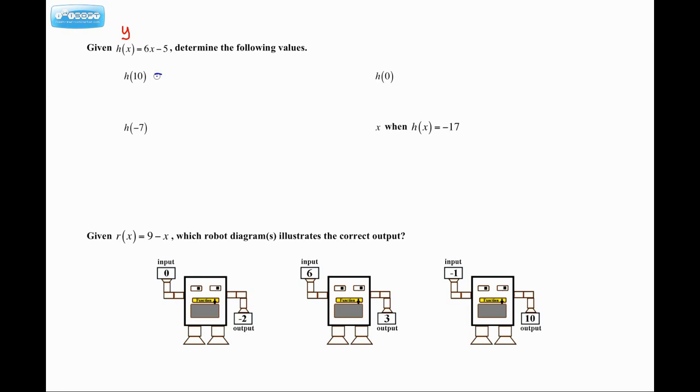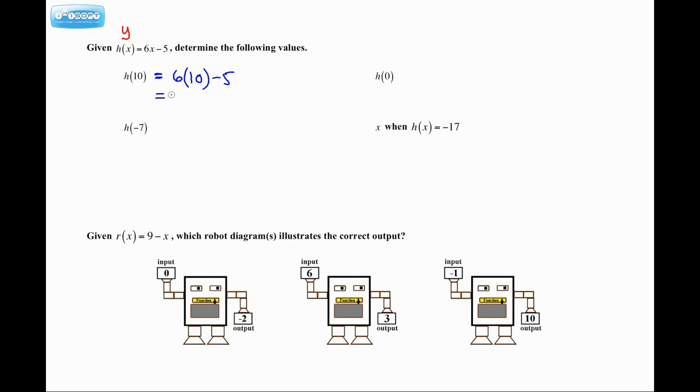Okay, so this is how you evaluate it. You should follow my steps, and then as I like to work down. So I'm replacing x with 10, so this becomes 6 times 10 minus 5, and I'm just going to work out what this is.